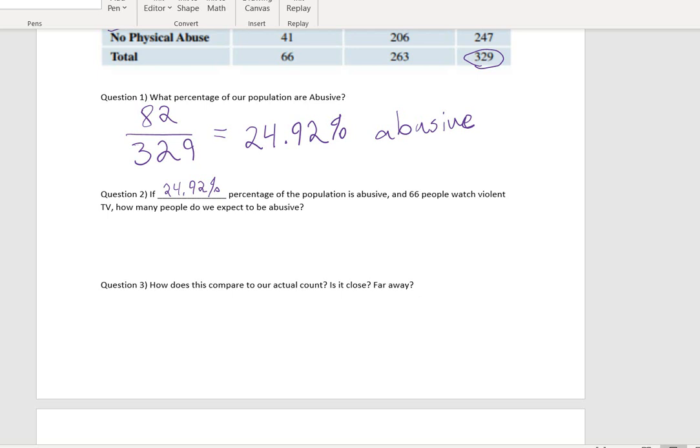So no matter whether we're looking at 66 people who watch violent TV or just 66 people, period, we're going to assume that 24.92% of all people are abusive. So we're going to take that 66 and we're going to find what 24% of that is. So we have to multiply it by 0.2492. And that's going to give us roughly 16.45 people.